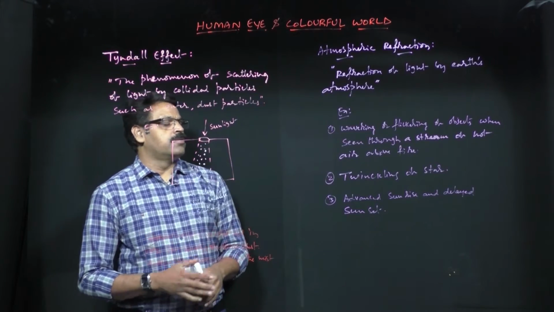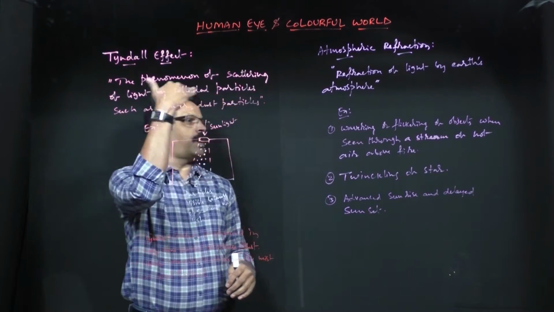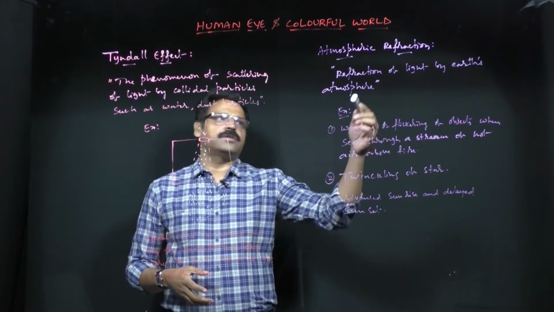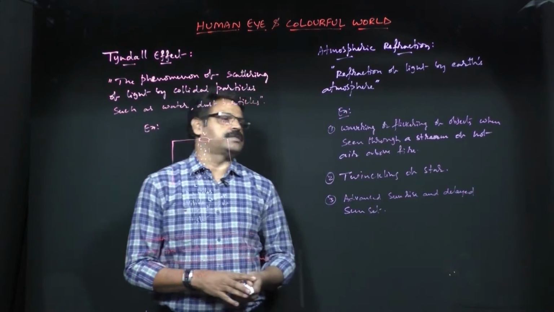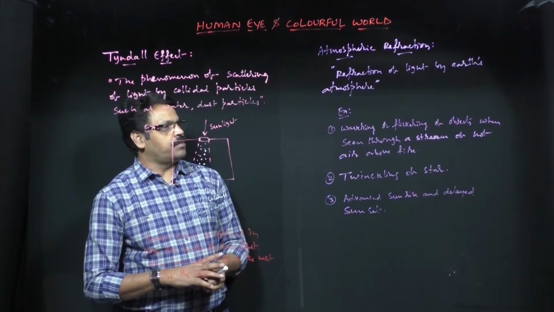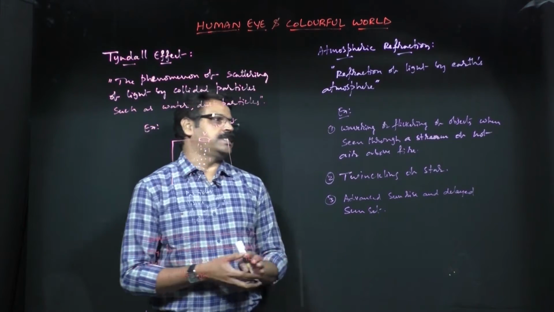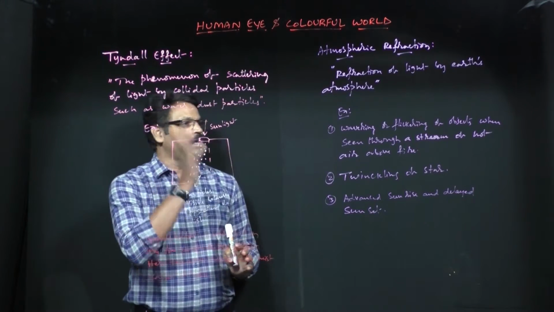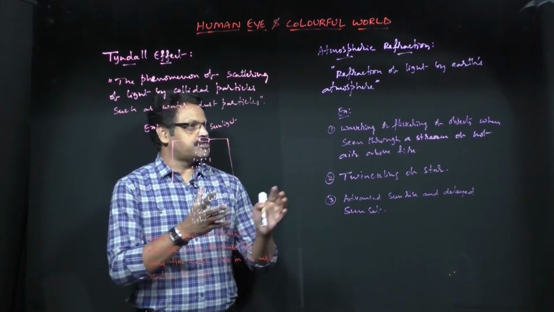Here, whenever the light comes from the upper regions and enters the atmosphere, the refractive index of the atmosphere changes. That's the reason the path gets deviated. Hence you cannot see the real position of the star.